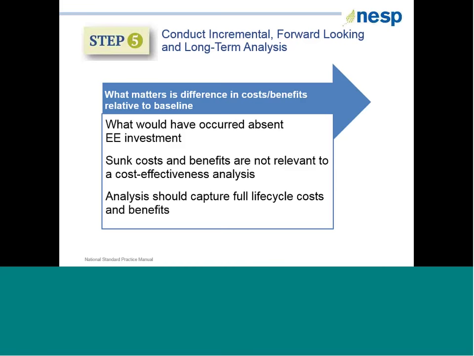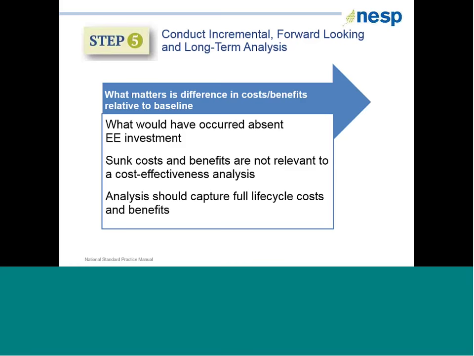So if you're going to comply with this principle, it suggests that the RIM test should not be used. However, as I mentioned earlier, in Appendix C we talk about other ways to look at rate and bill impacts that are much better than the RIM test. And we can get to that in a few minutes if we have time.